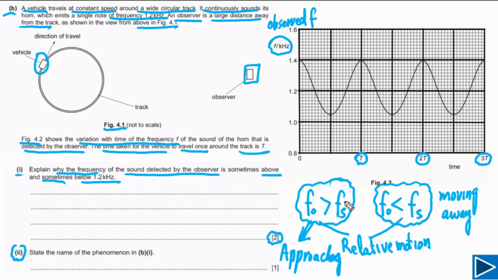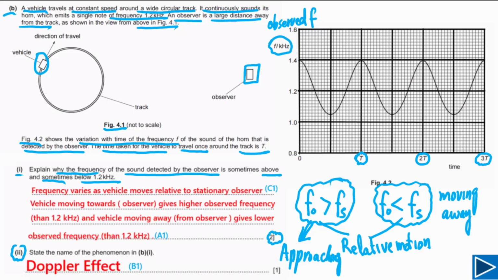So now let's try to understand how we can write down the answer for this question. This is how you can write down the answer. This is all you need to write down. I have mentioned all these points here.